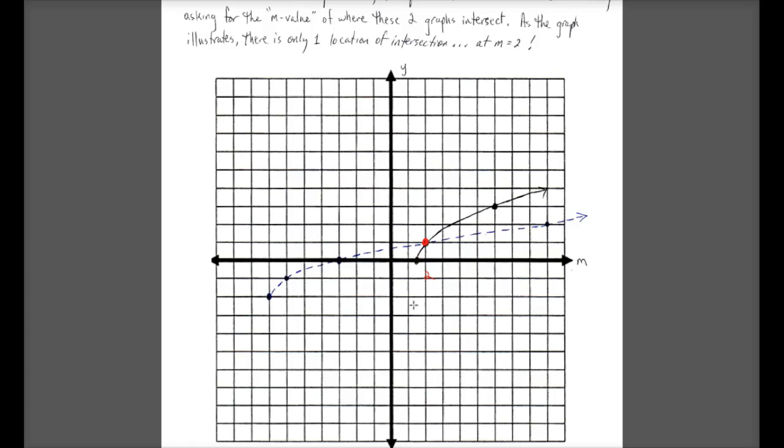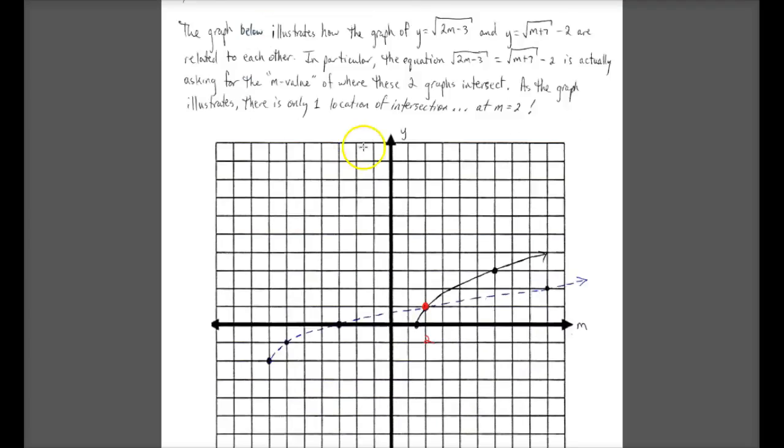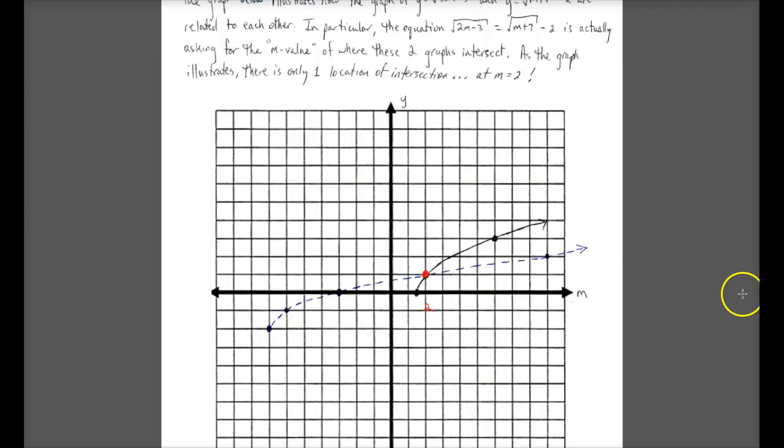And of course, just based off how these graphs look, if we go back here, we'll see that m being 42 is preposterous because that's way out here somewhere. Okay, and of course these functions are pretty much spreading apart from one another way beyond that point.